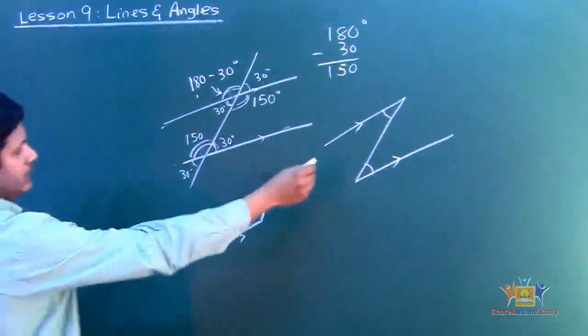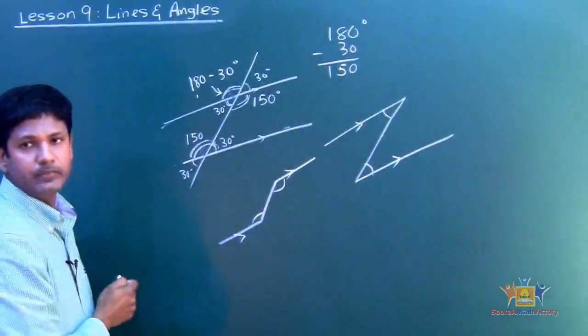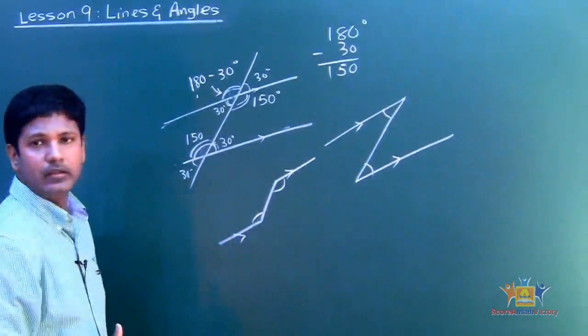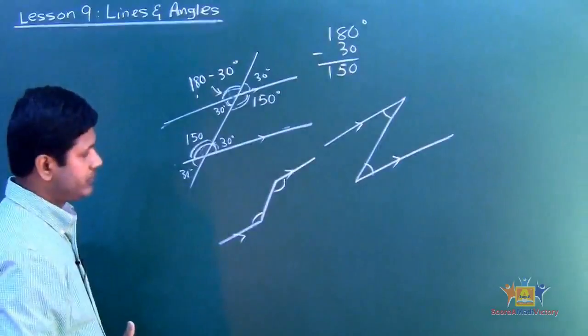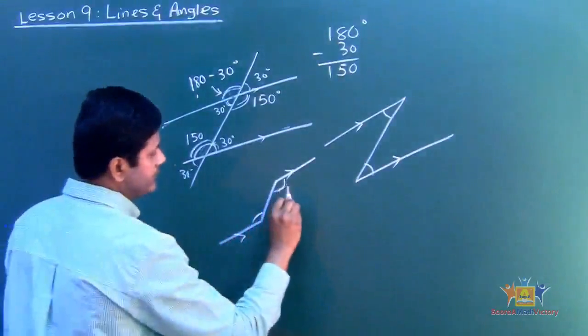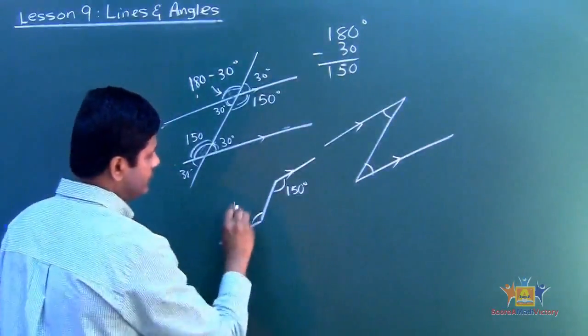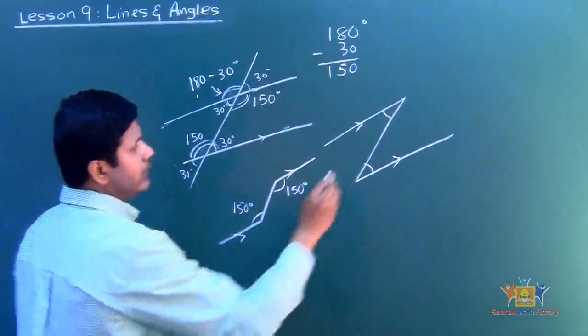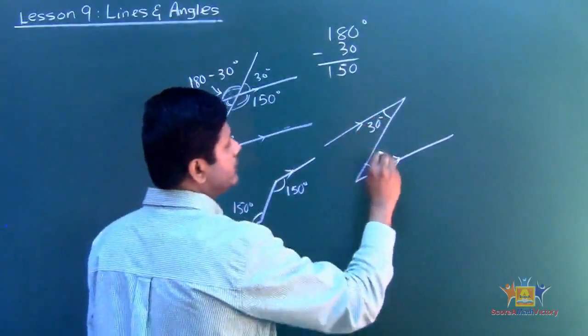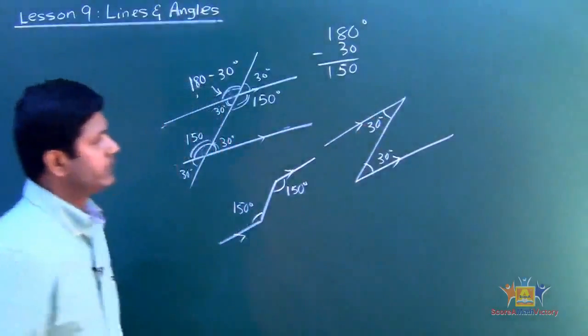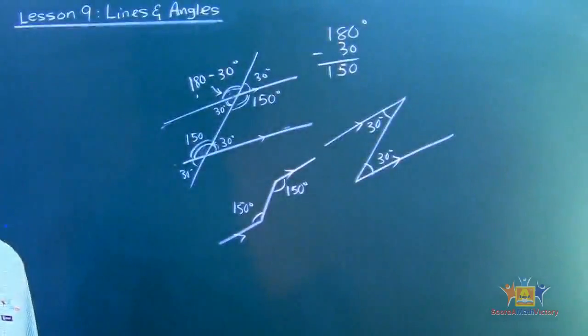It's still a kind of Z shape. So if this is 150, this is also 150. If this is 30, this is also 30. Okay, does that make sense?